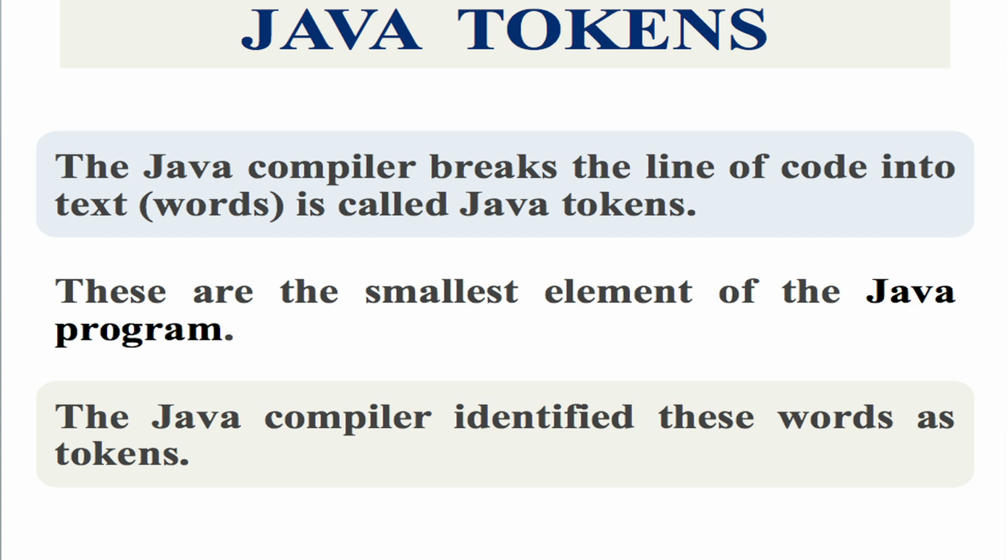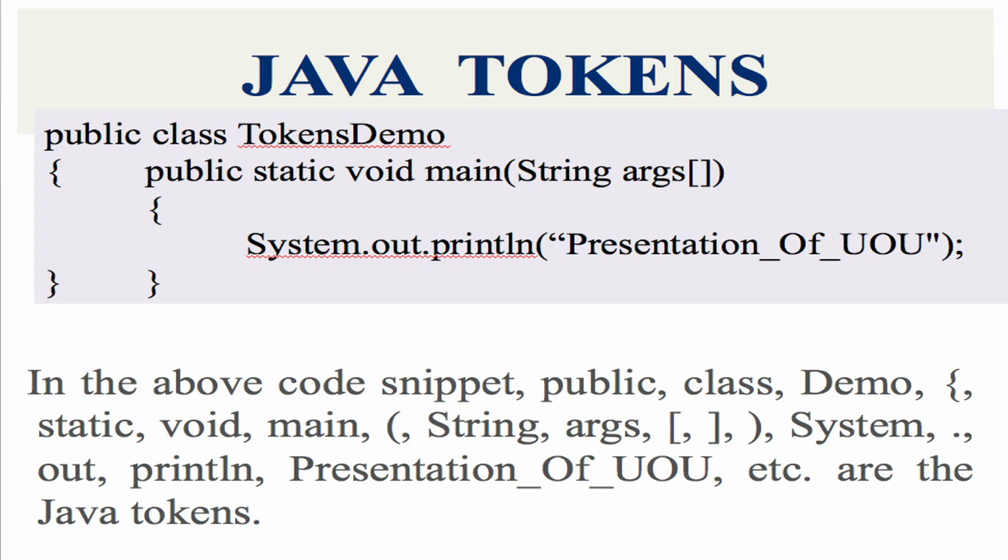You can see in this program, public class TokenDemo, and inside this TokenDemo class, public static void main(String args), and inside main we have System.out.println with the message "presentation of UOU".